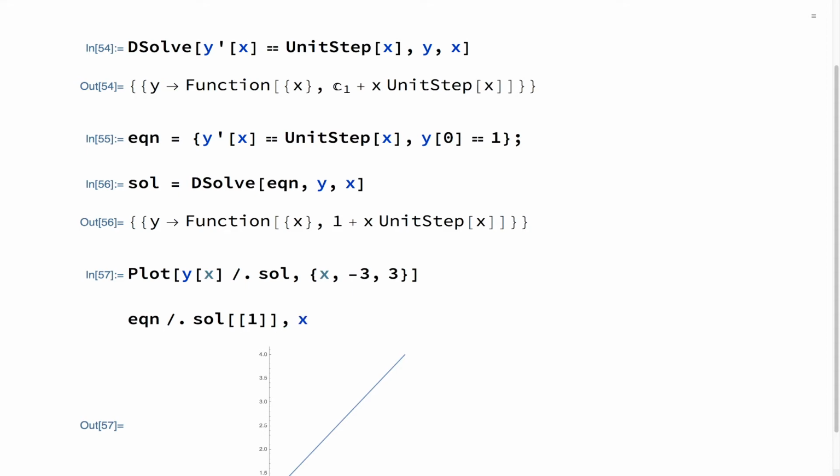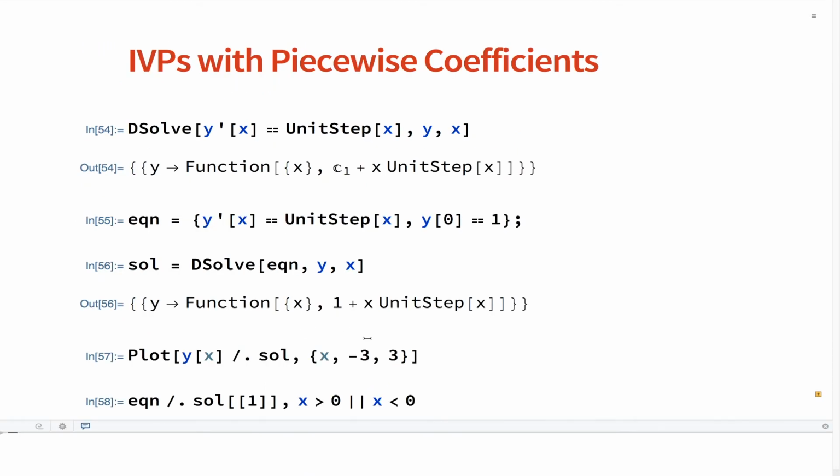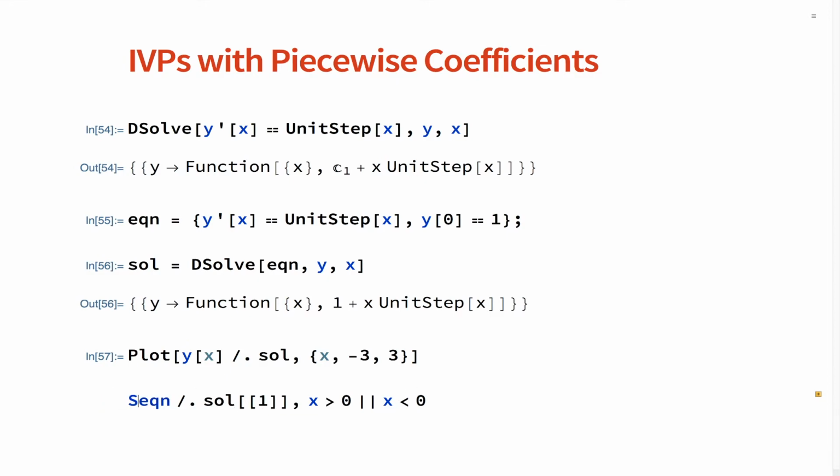So we say that x is greater than 0, and alternatively x is less than 0, and then maybe we need to simplify this and see if it is working or not.